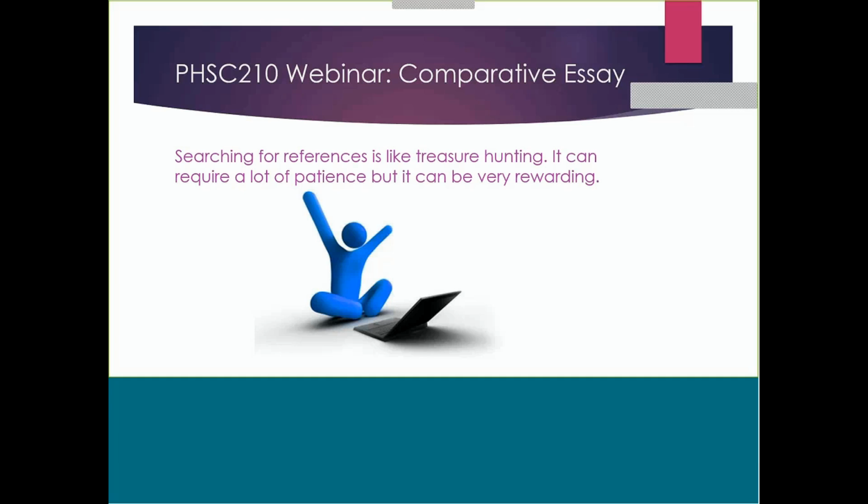All of a sudden there's a piece of information that you kind of had a feeling about, and boom, there it is, and you saw it in somebody's research. And that is really, I think, the very rewarding part of education and research.